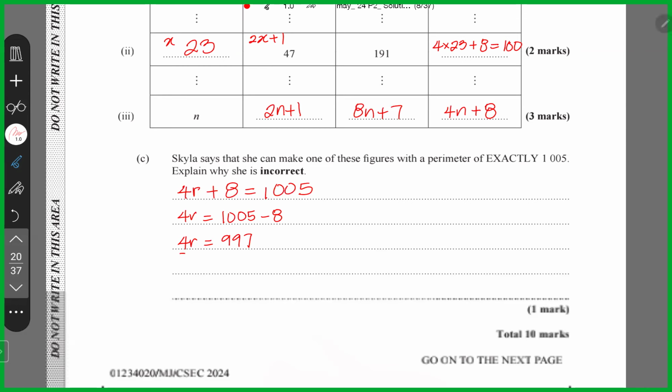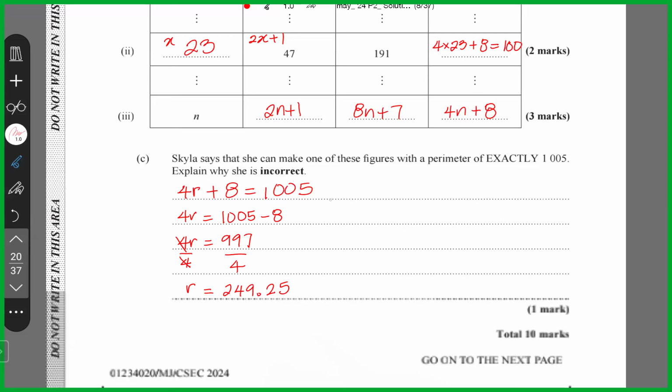Now if I divide both sides by 4, I'm going to get r is equal to 249.25. So remember, r is the figure number, and the figure number must be a whole number, must be a positive integer.